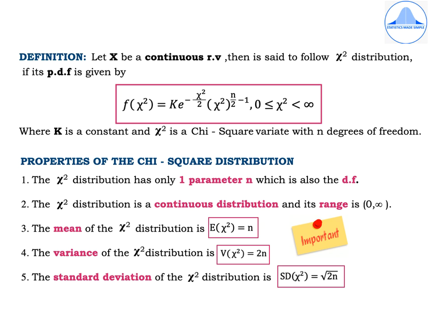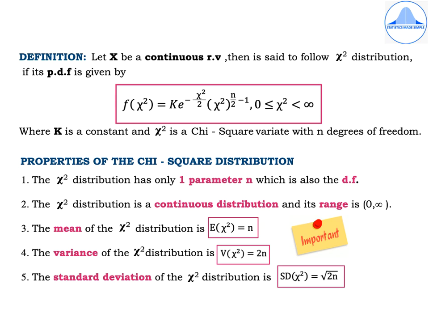Now, what is k in the expression? K is a constant. It's usually a positive value, and chi-square, which you see, is a chi-square variate with n degrees of freedom. Let us now learn some of the important properties of the chi-square distribution.